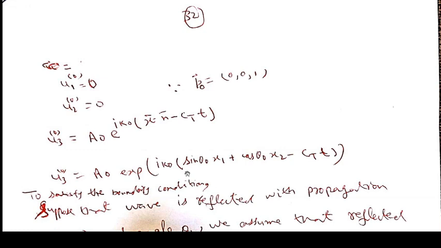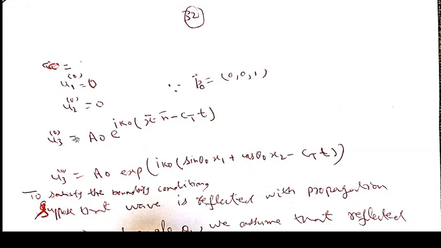Now you have to write the three displacement components for the incident wave. This naught denotes that we are dealing with the incident wave, and these 1, 2, 3 which are subscripts denote components. U1 naught, U2 naught, because we have P naught 0 0 1: the first component is 0, the second component is 0, so these first two components will be 0.